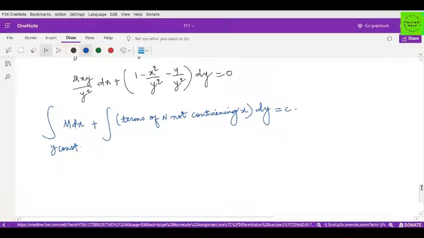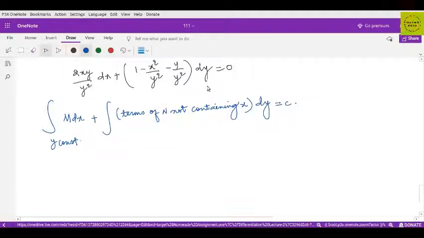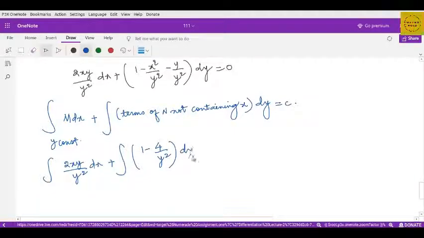So this is the way we have to solve such type of differential equation. So this can be written as integration 2xy upon y square dx plus integration 1 minus 4 upon y square dy, which is equal to 0, since here we have only two terms.